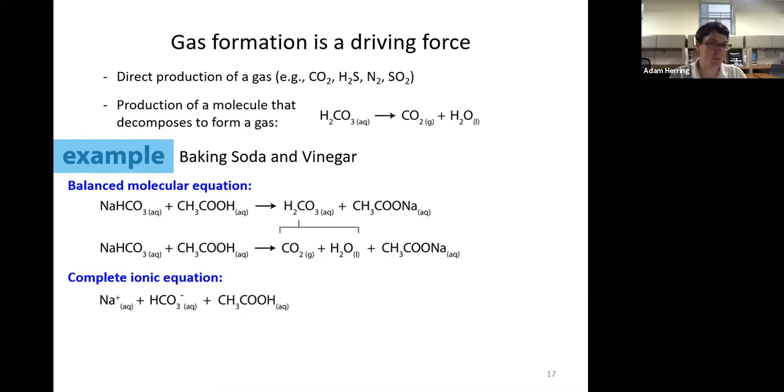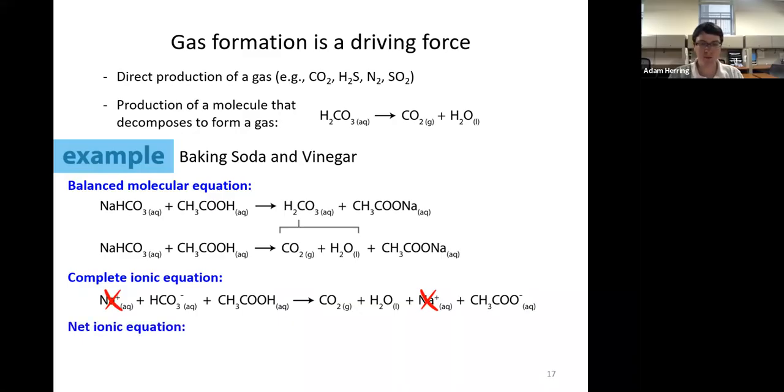It's a weak acid, and therefore it stays in its molecular form. Any gases or liquids that are produced stay in their molecular forms. And then finally, our sodium acetate is a strong electrolyte because we have a pairing of a metal with a group of nonmetals that are aqueous. So we can eliminate the sodium ions, and that leaves our net ionic equation being the bicarbonate ion interacting with acetic acid to form carbon dioxide, water, and acetate ion.